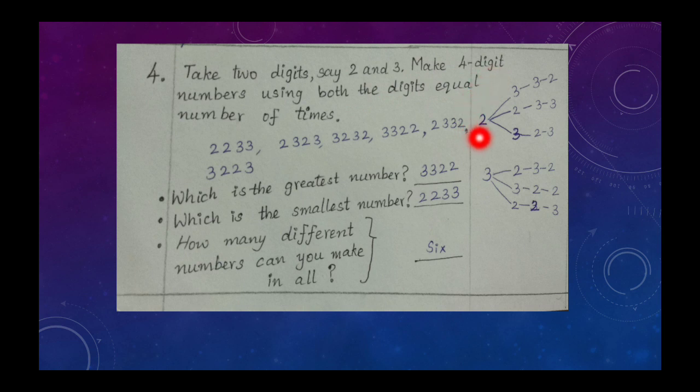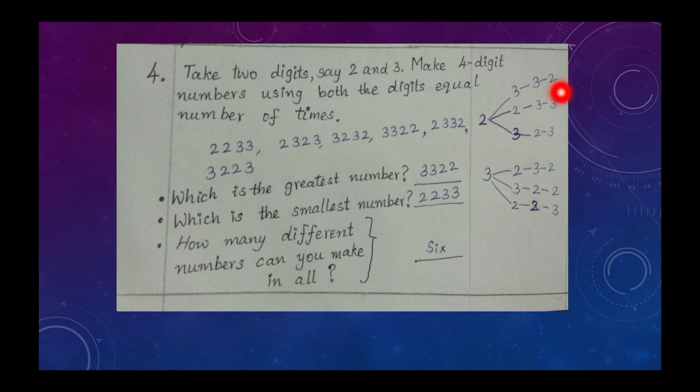Start with 2. While 2 takes the first place, we have the chance of 2 taking the second place or 3 taking the second place. If 3 is in the second place, we have 2 chances. If 2 is in the first place and 3 is in the second place, the third place can be either 3 or 2.